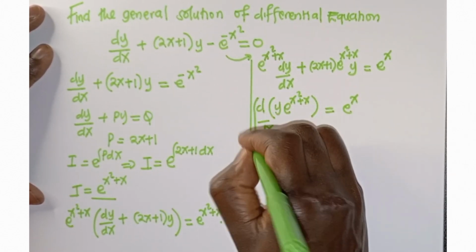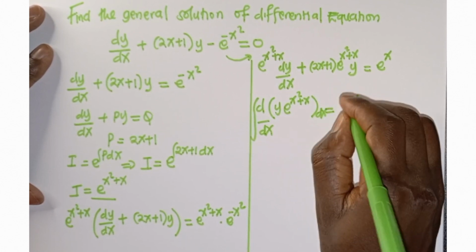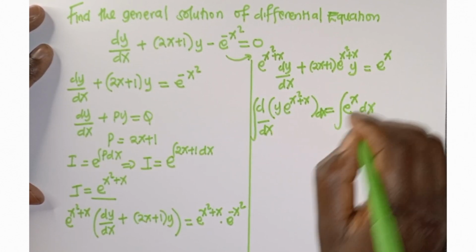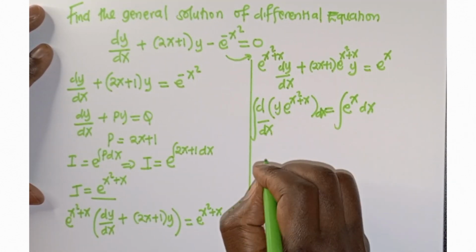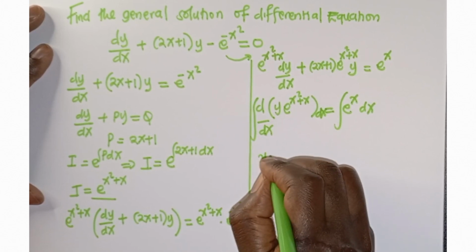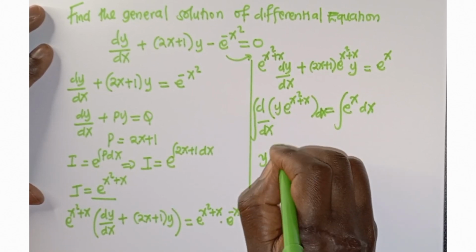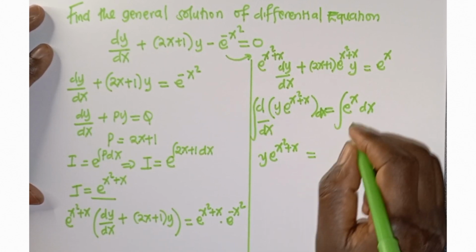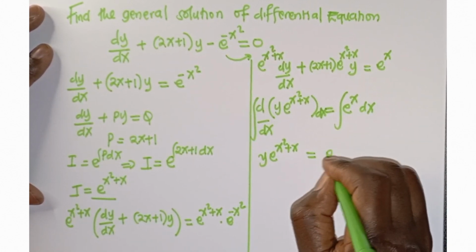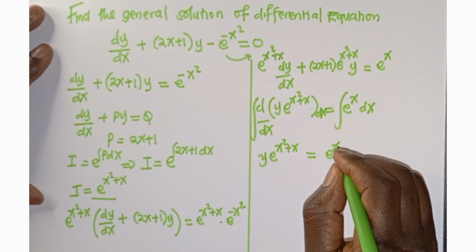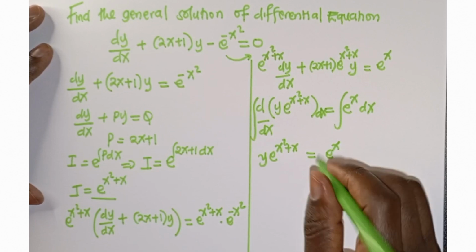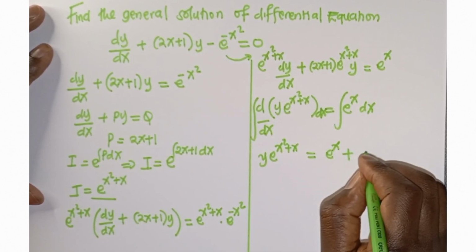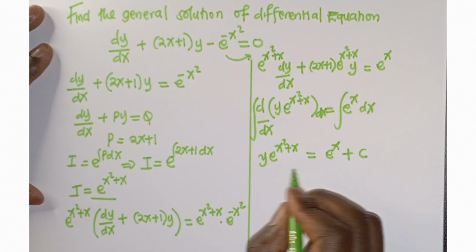So you can go ahead and integrate on both sides. When you integrate on both sides, you shall have y e^(x² + x) equals e^x plus a constant c. As simple as this.